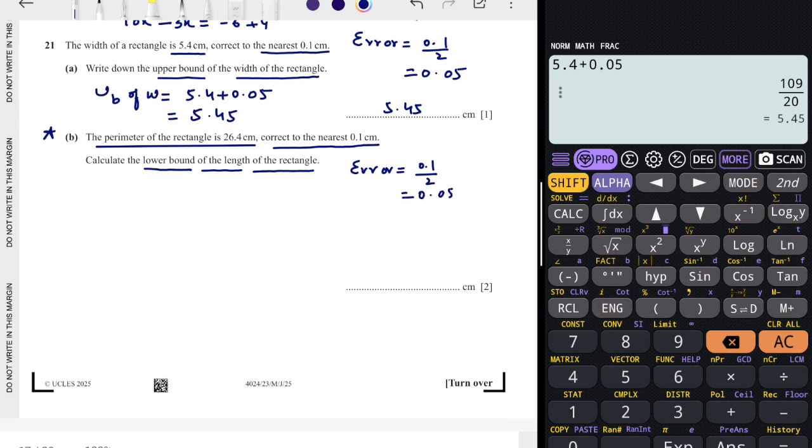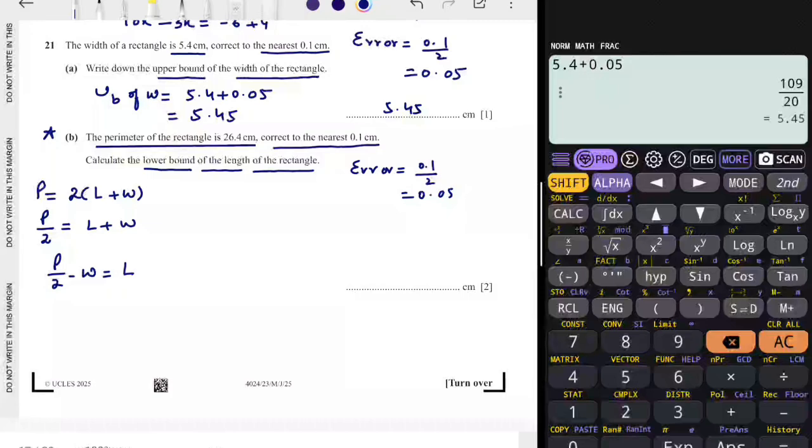Now we know that the perimeter of a rectangle is equal to 2 bracket opens L plus W. So we divide the perimeter by 2, it is equal to L plus W, as we have to find out the length. So it would be P over 2 minus W is equal to length.